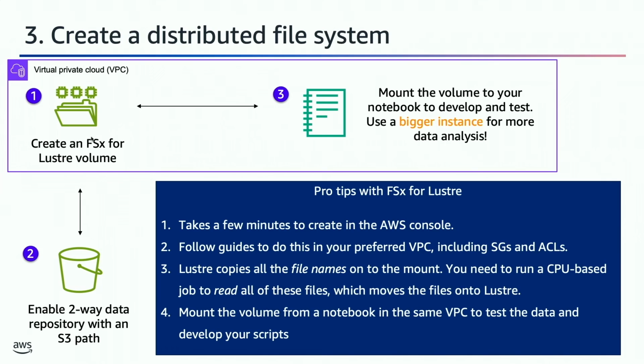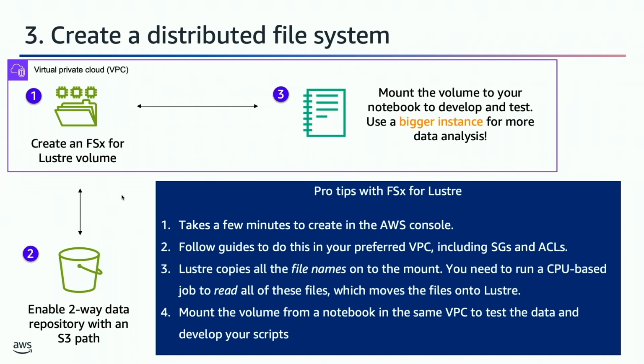You need to actually run a CPU-based job to read all of those. It doesn't have to literally be CPU, it's just a lot more cost-effective to do this. So you run a CPU job to read all of those. When you read it, Lustre will manage the copy, and then the file sits there. And then the read is scalable with all of your accelerators.